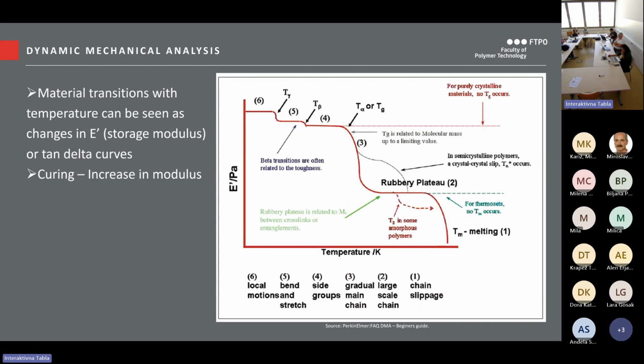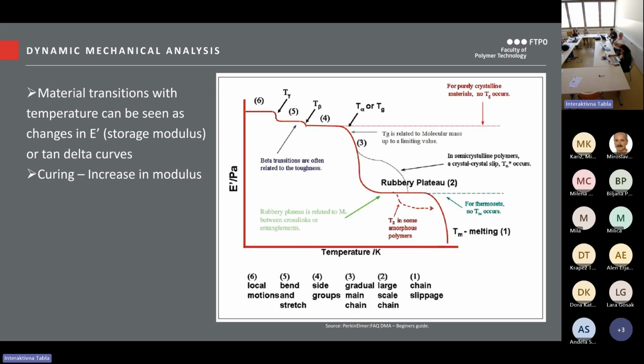Then we come to the rubbery plateau, where we can see on molecular level some large scale chain movements. And if we increase temperature further, we come to the melting temperature, where the chains start to slip by each other.